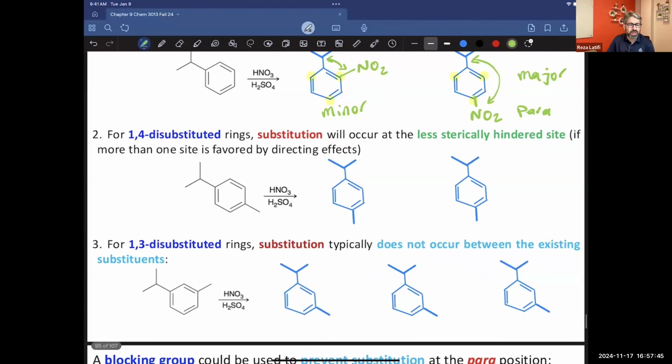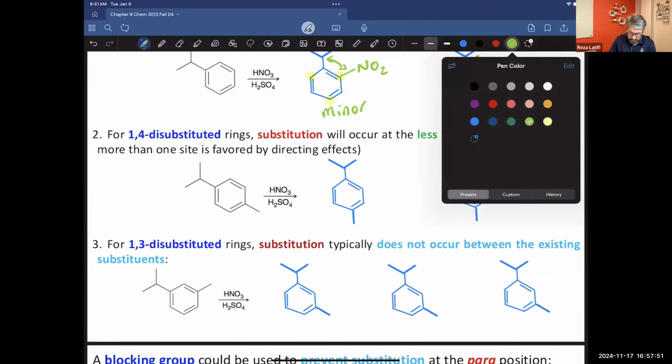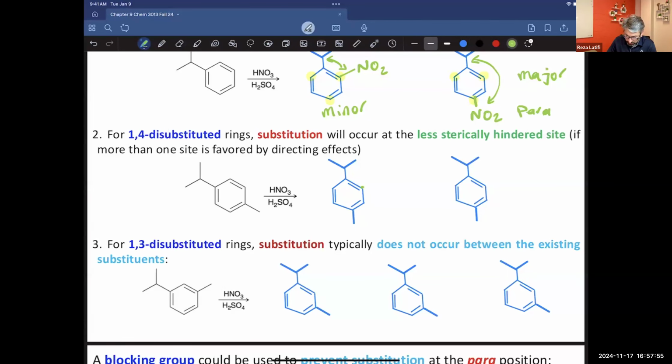Now, next one, I have two alkyl substituents, and they are in the para position. In that case, the isopropyl will be favoring these two spots. Let me highlight them. Those two spots will be favored by the isopropyl, and the methyl is favoring the ortho position and that one.